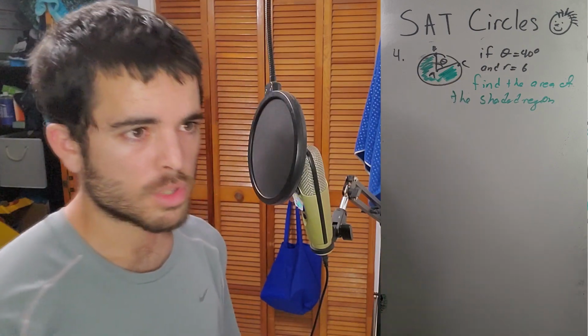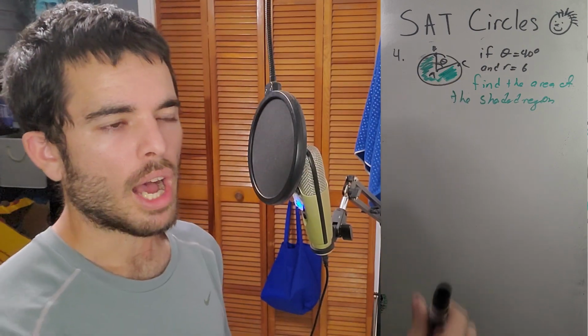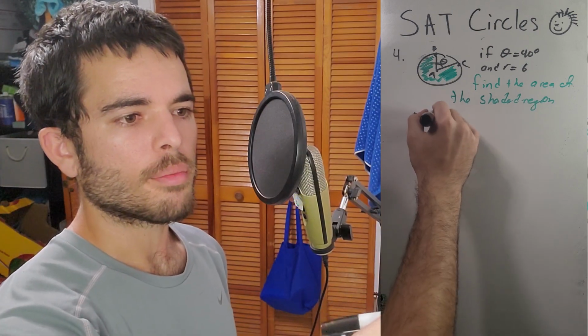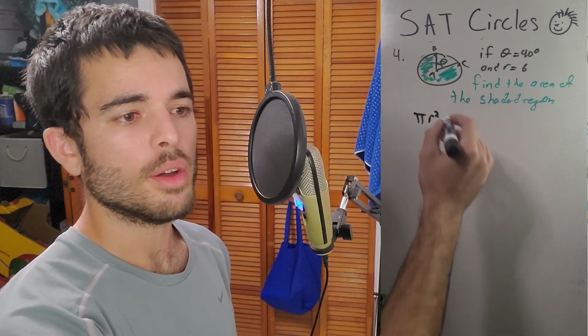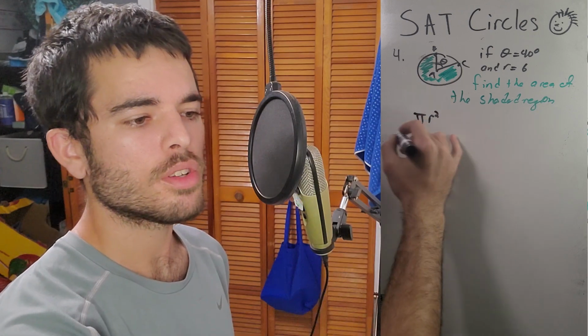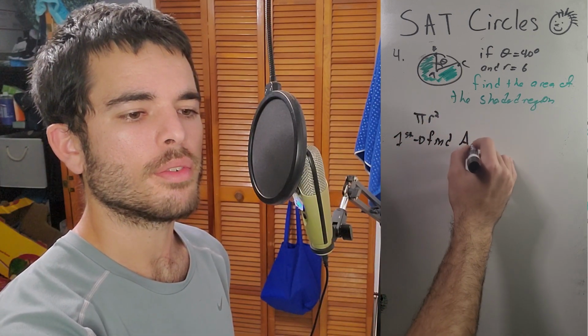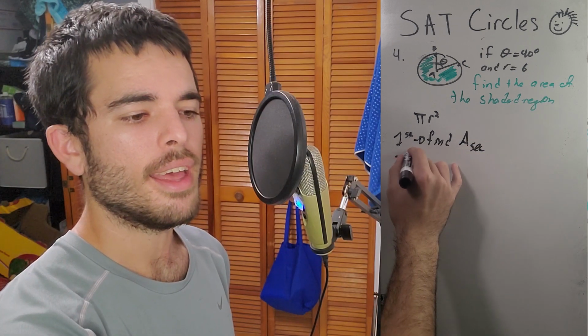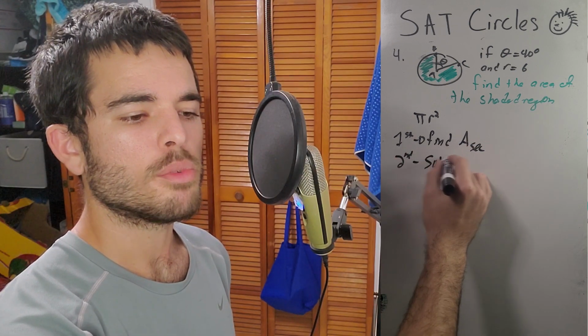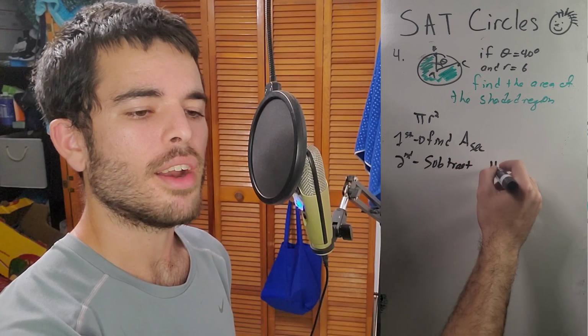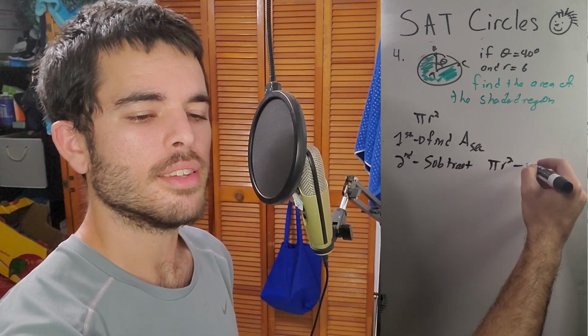Well, then this becomes a multi-step process because I don't want the entire area, but I have to somehow find that shaded area, which means I have to first find the area of the sector, then subtract it from the entire area.